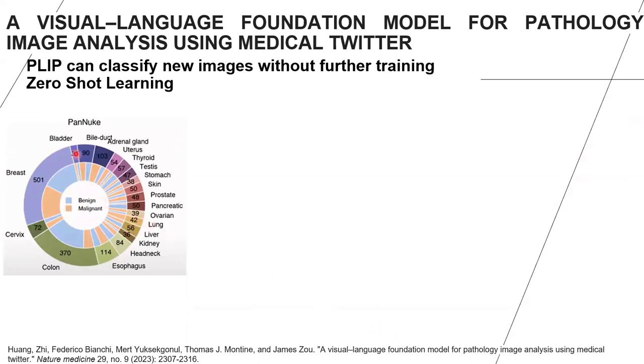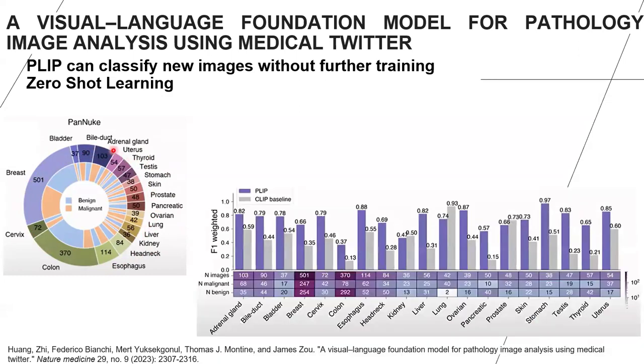Further, the authors have evaluated their PLIP model to classify different kinds of organ pathology, and they have used this PanNuke dataset. They have obtained quite good results to identify and classify the pathology of almost all the organs that are present in the body.